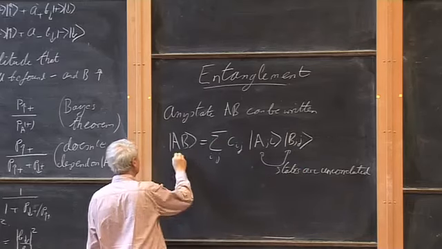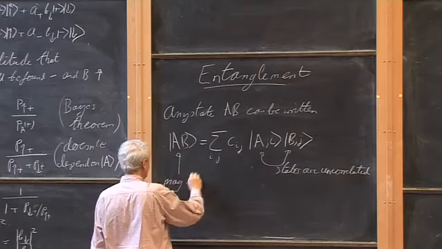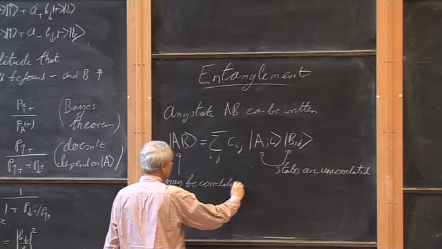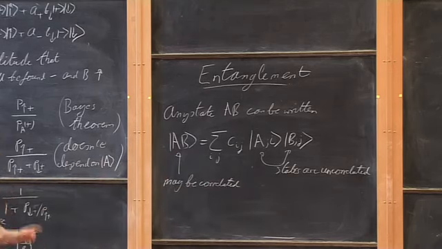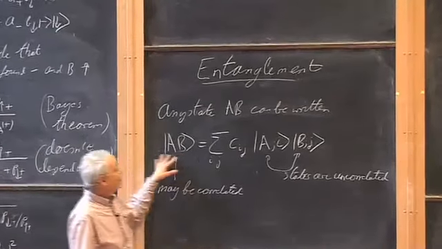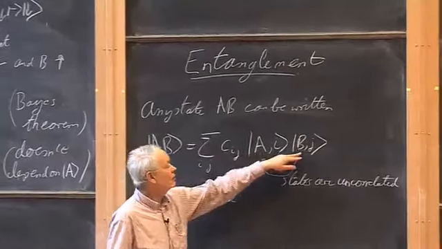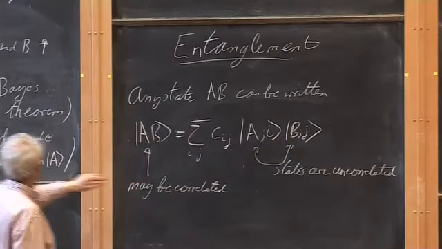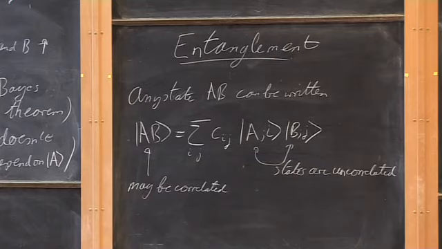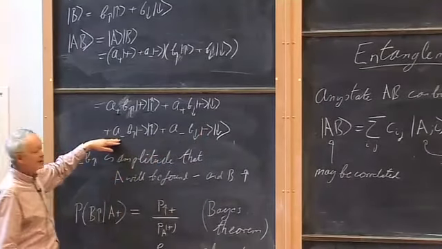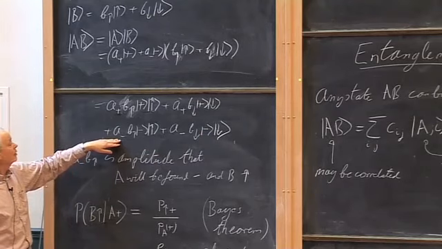But this sum may be correlated, probably is correlated. So the way quantum mechanics introduces correlations between subsystems is by taking linear combinations of uncorrelated states. We just had such a linear combination of uncorrelated states here, right?